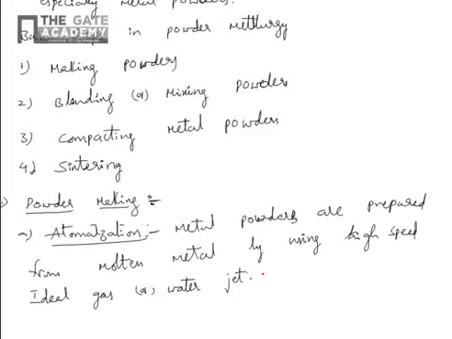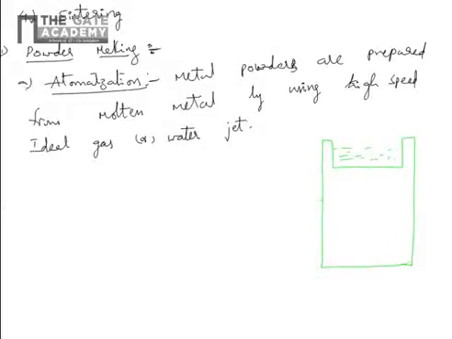The layout is like this. Keep the molten metal in one tub, in an enclosure, and send the inert gas. Generally an inert gas is preferable. Sometimes people use water also.